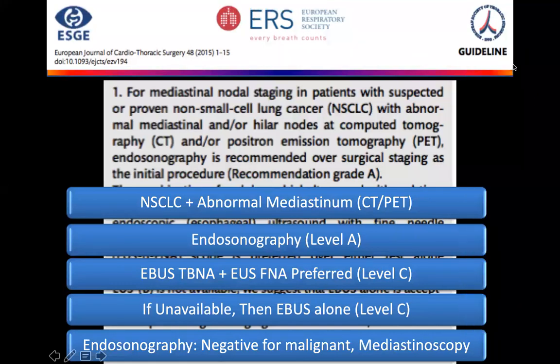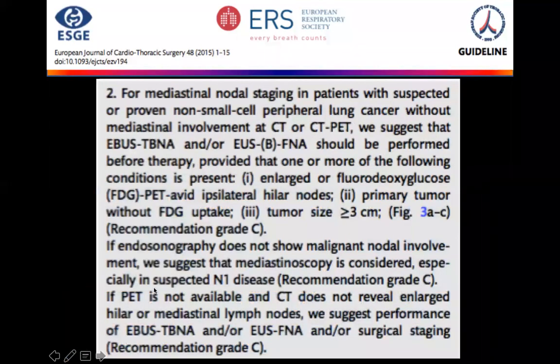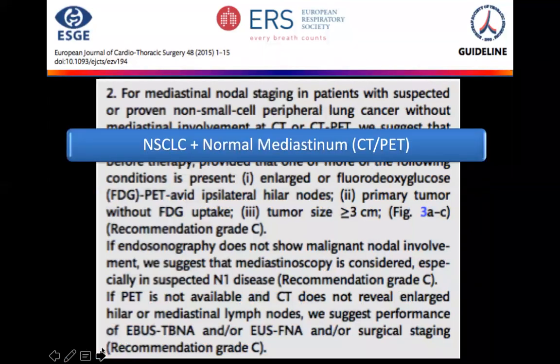Okay. Now let's look at the second scenario. You have a documented non-small cell lung cancer, but the PET scan is normal. What would you do in this?